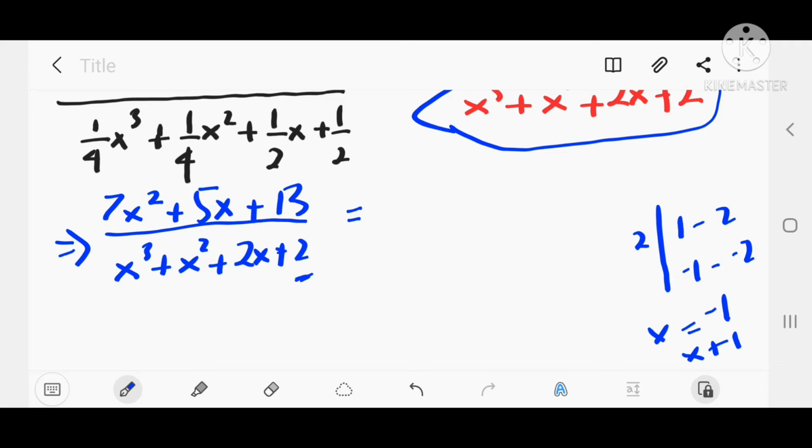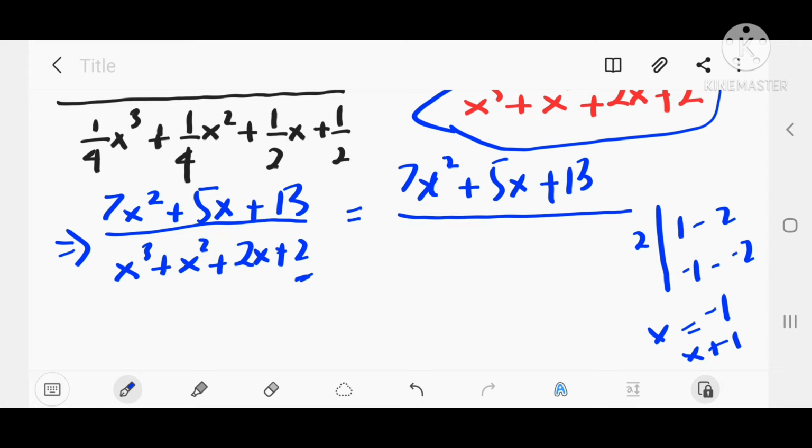So let me write again. We have 7x squared plus 5x plus 13, then bracket open, the factor is x plus 1.